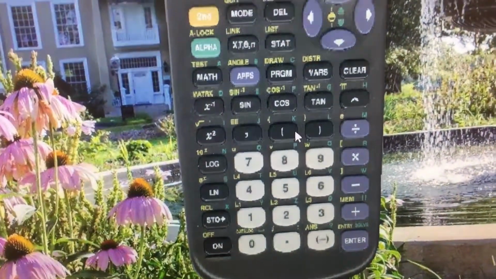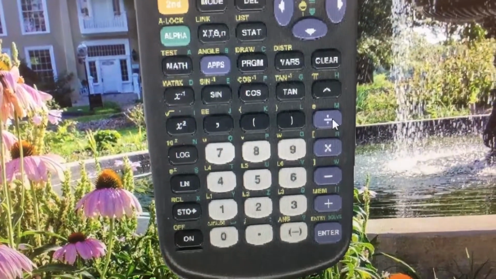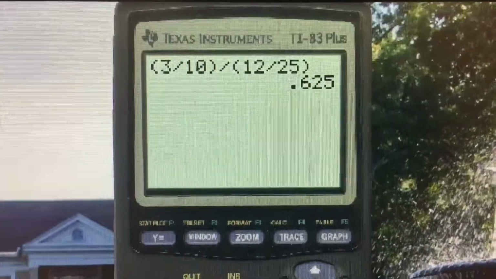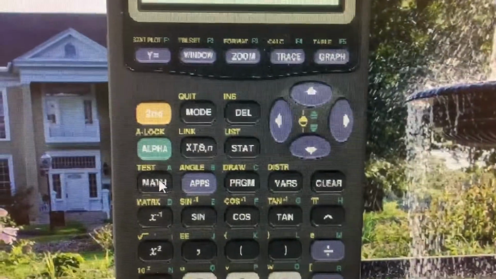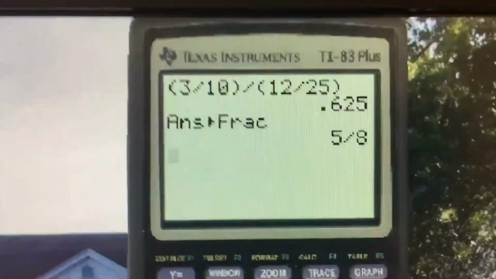And then I'm going to do parentheses 12 divided by 25, close parenthesis, push enter. When I do, I get a decimal. Remember, you can push math, enter, and it will give me the solution, 5 over 8.